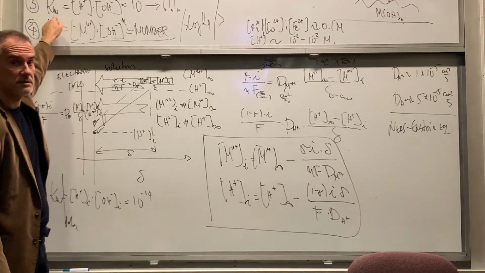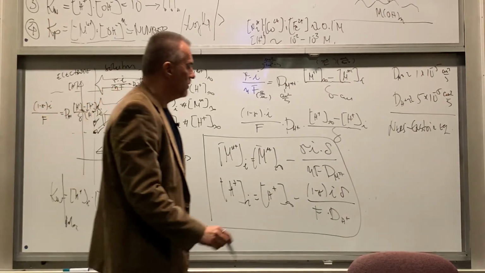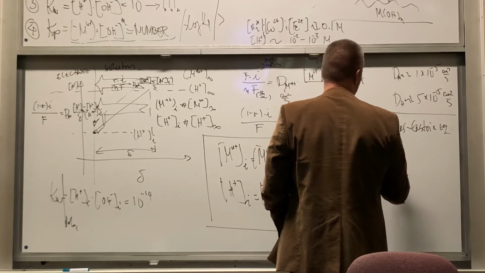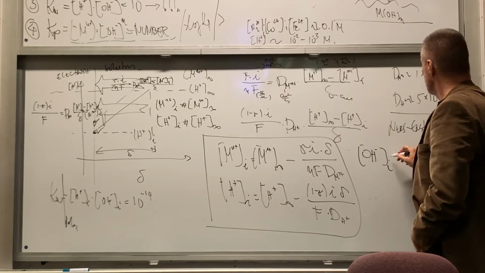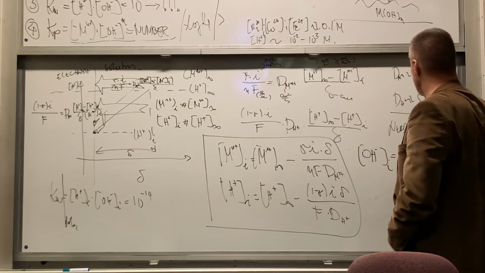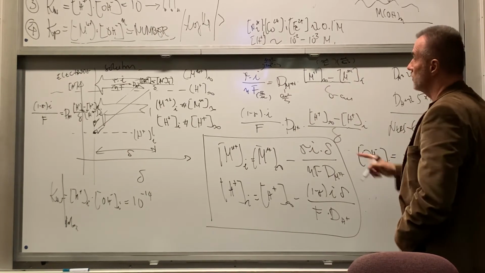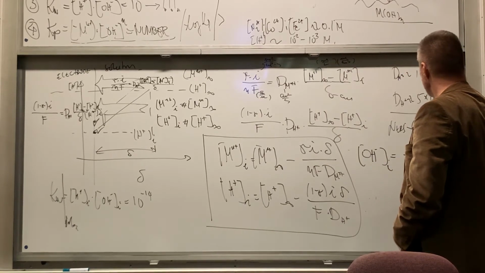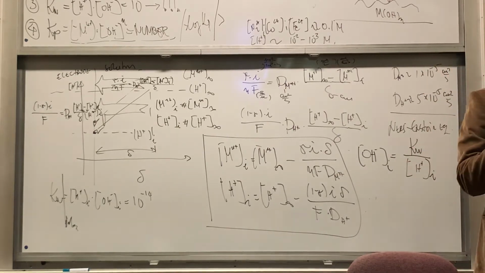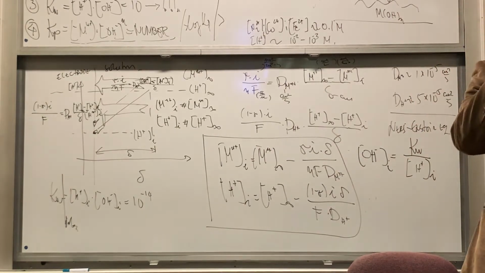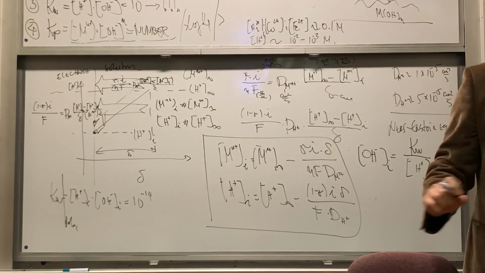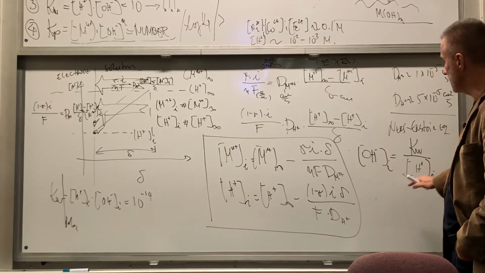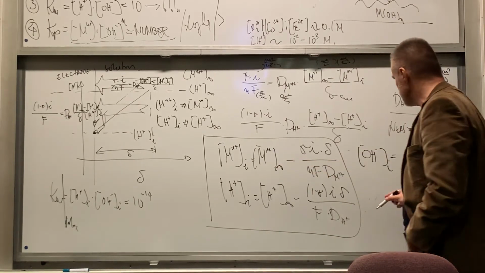I can always write that the OH minus concentration, whether it's at the interface or in the bulk, it really doesn't matter, is equal to Kw, which we know is 10 to the minus 14, divided by H plus at the interface, because that ionic product of water is always satisfied regardless of the spatial position where we are looking, right?